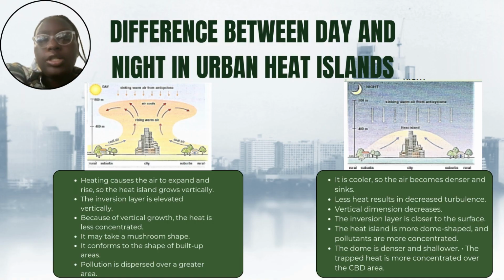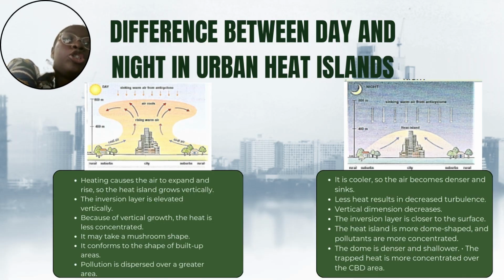Okay, now we're going to contrast and compare the difference between the day and night in urban heat islands. So during the day, the heating that occurs causes the air to expand and rise. So we have a growth of the heat island vertically up, as you can see. The inversion layer is therefore elevated as well. Because of the vertical growth, the heat is less concentrated, right, because it's able to spread over a wide area.